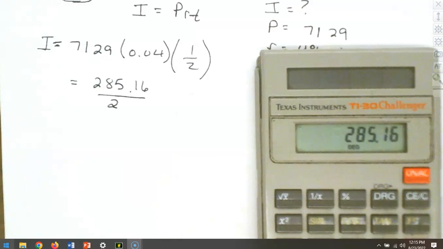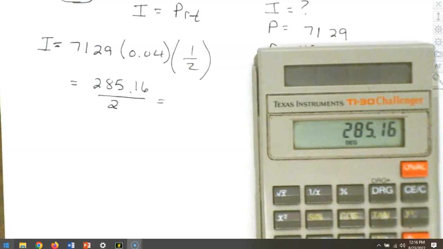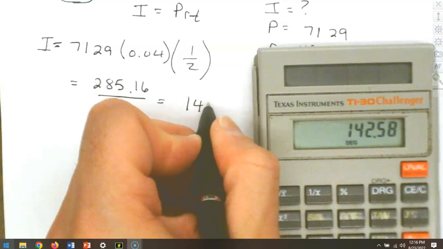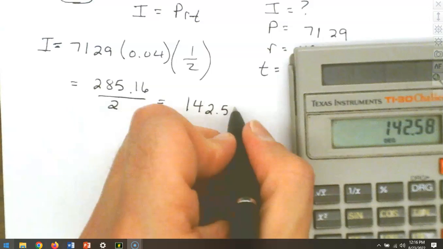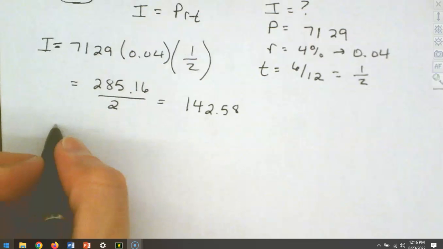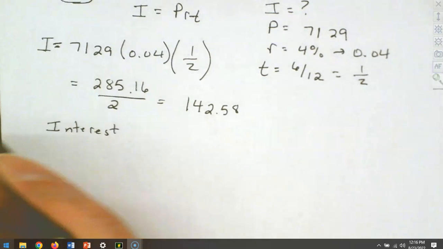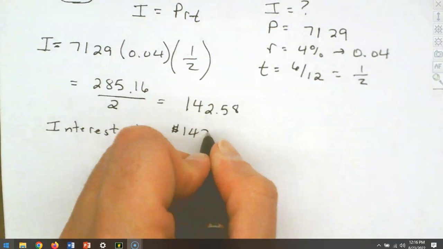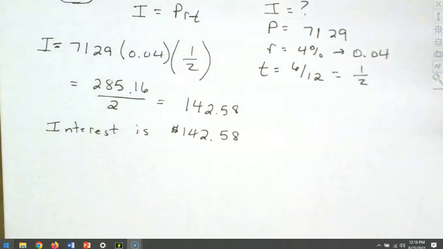And now I'm going to divide that by 2, and we want it to the nearest cent. So divide it by 2, round to the nearest cent. So that's $142 and 58 cents, isn't it? So that's the interest. So the interest is now $142.58. So there's half of it.